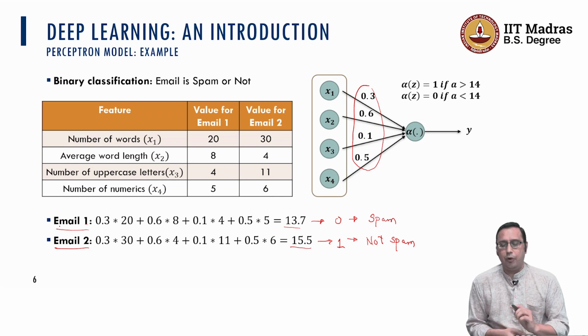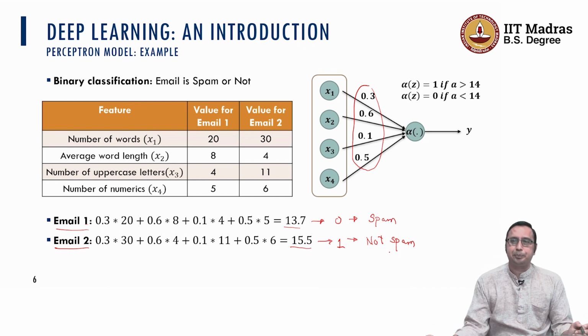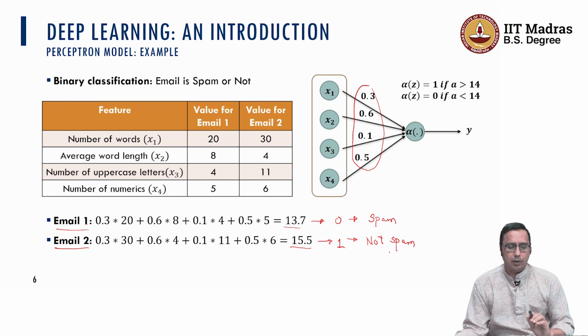So depending on how you define your class and the number, it can be spam or not spam. Here I have indicated 0 being spam and 1 being not spam. So you can see the simple Perceptron model provides you a classifier for whether an email is spam or not spam.